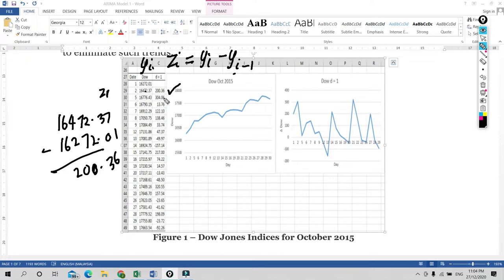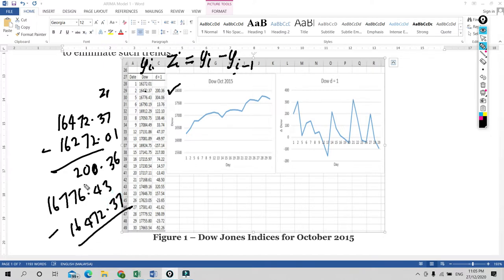The second value refers to this value minus the previous one. So I have 16776.43 minus 16472.37.